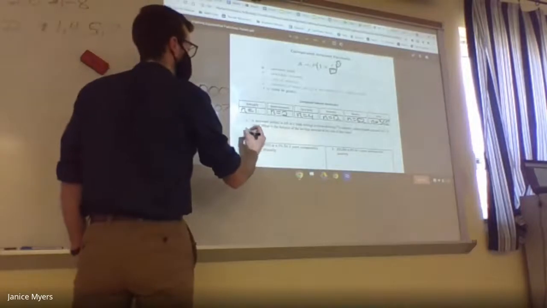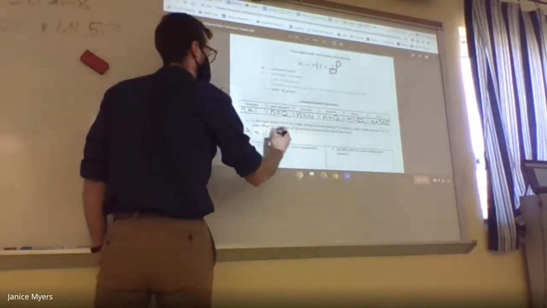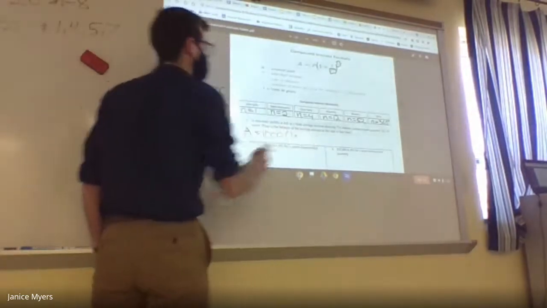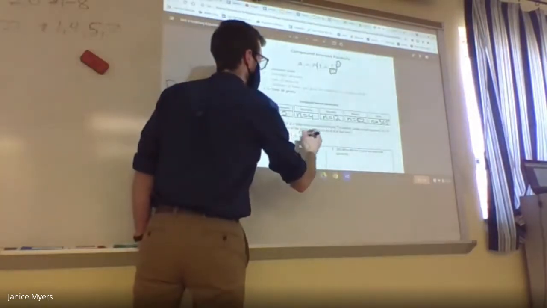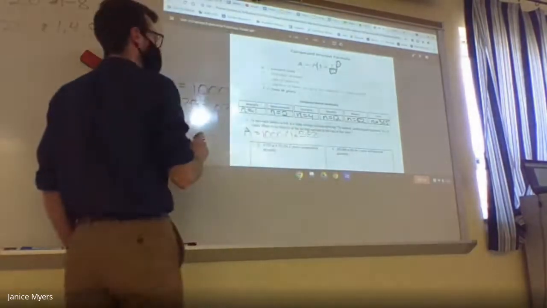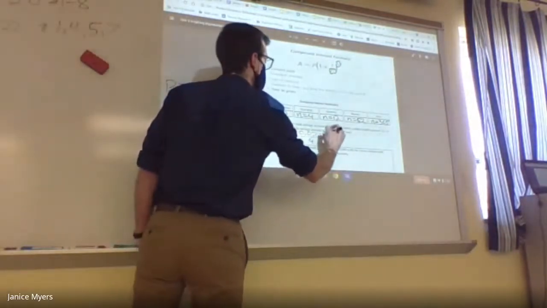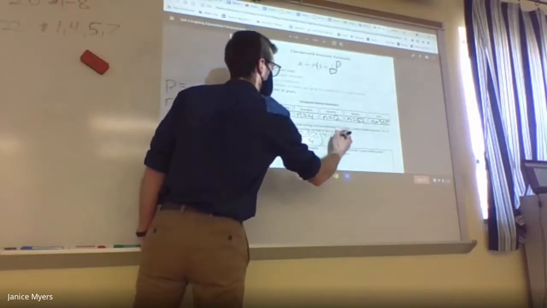We've got A equals our principal, which is 1,000, times 1 plus the rate, which is 0.07, over n, which is 4, to the power of n, which is 4 again, times t, which is 10.